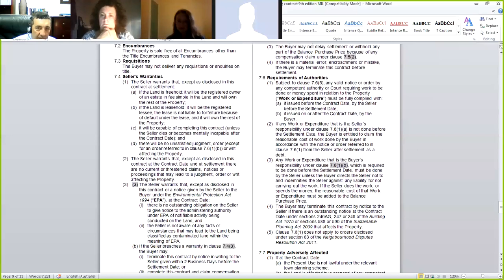So you can see from that clause that by asking the council to come out and undertake the inspection, the buyer's solicitors have inadvertently perhaps exposed their client to the existence of having to rectify an order which has now been issued, because the clause here says that if the valid notice or order is issued on or after the contract date, then the buyer must rectify that work.